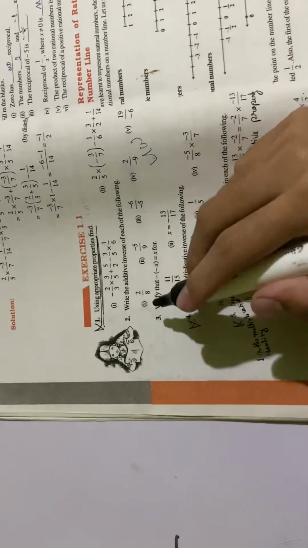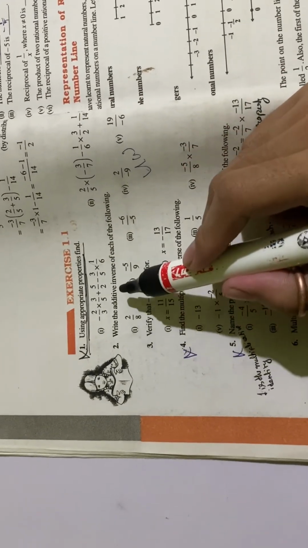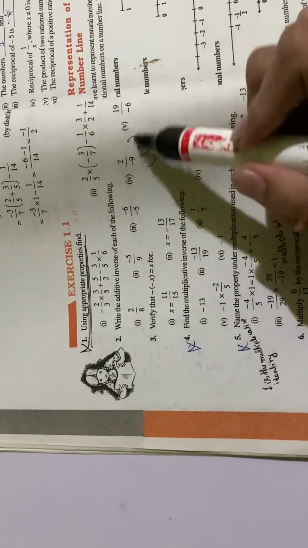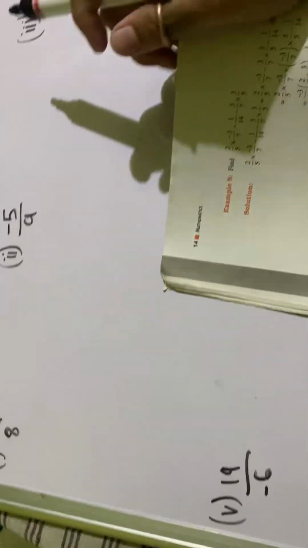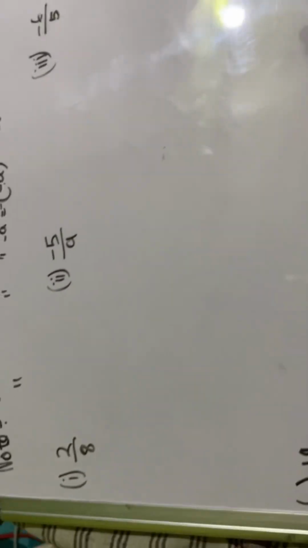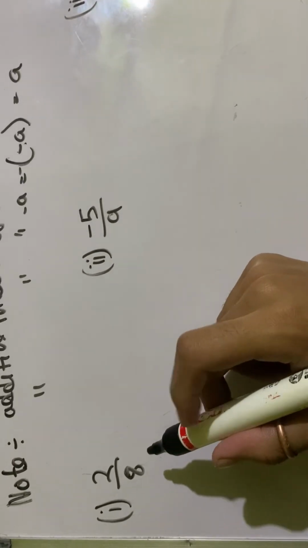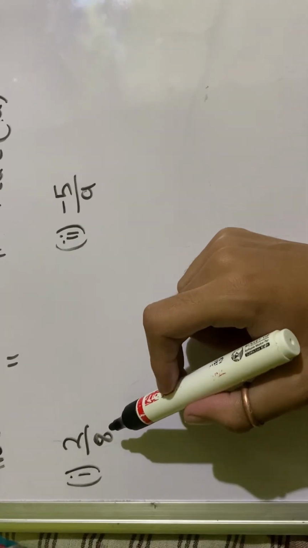Okay, now this is the next question, question number 2, saying that write the additive inverse of each of the following. So these are the questions. I have wrote the questions in the board, so let's solve. The first question is saying that to find the additive inverse of 2 by 8.